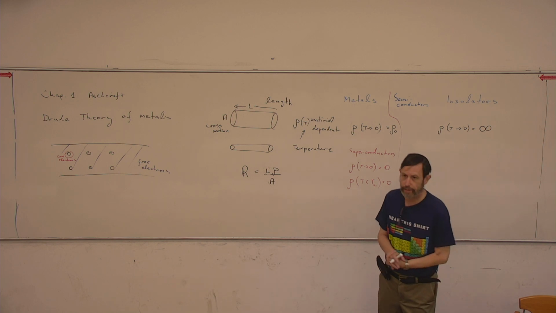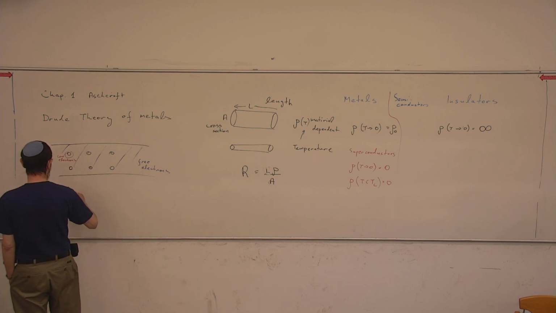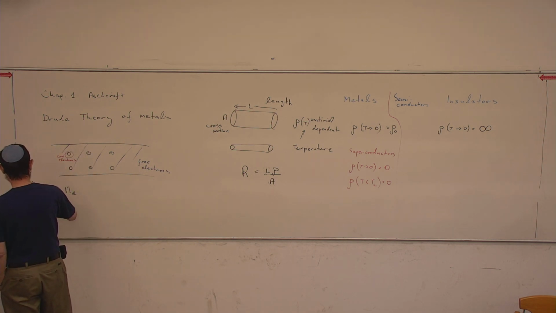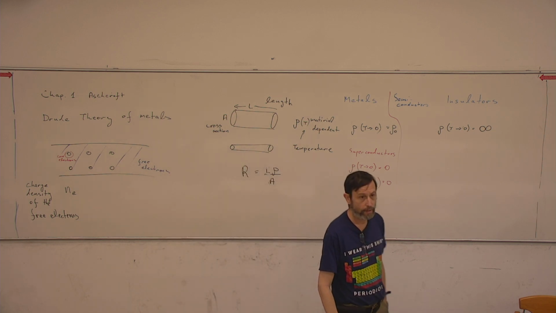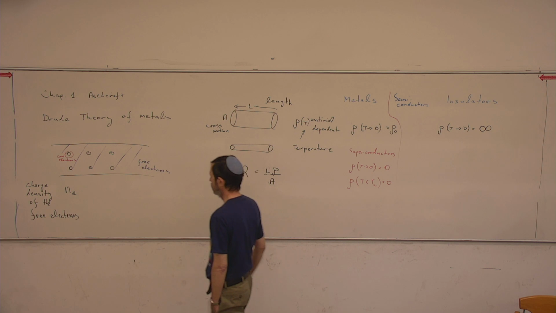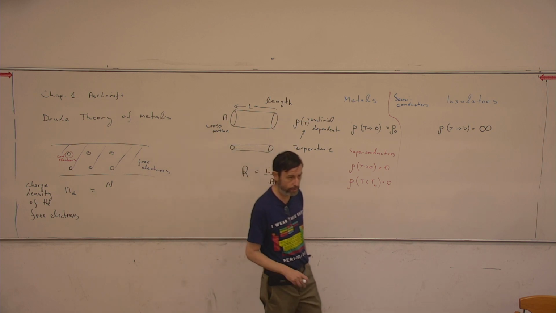Or to be more exact, what is the charge density of the free electrons? Let's assume that we have n atoms.